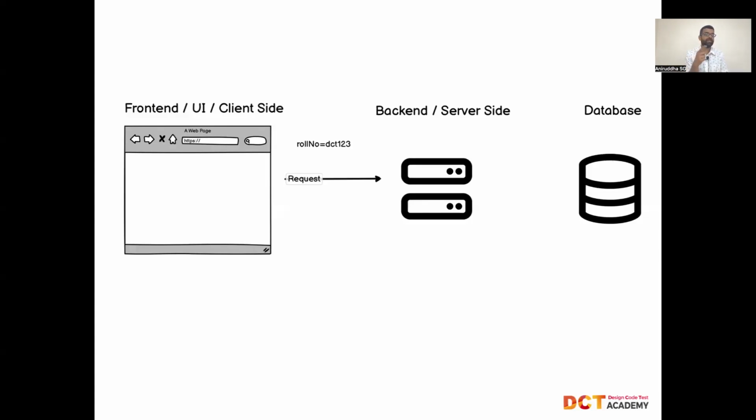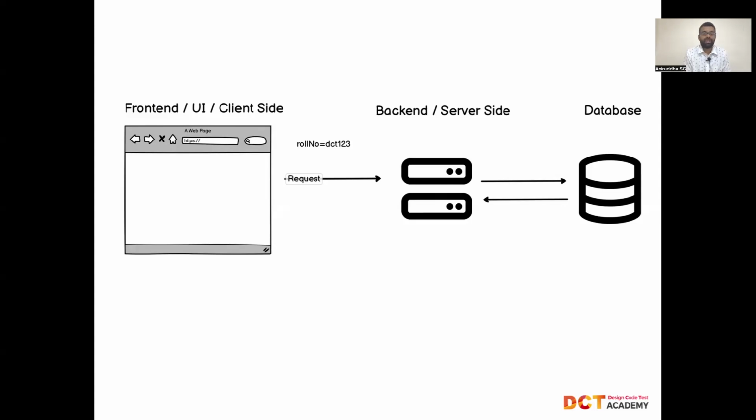Again, please keep in mind, the server is not where the information is stored. It's the database where the information is stored. What a server does is handle incoming requests. Whatever request you make from your front end, a server handles it. And then it talks to the database, saying, hey, I want you to find the result for this particular roll number that is coming in. Now, a server not only handles the incoming request, but there's also a lot of security related code already written there.